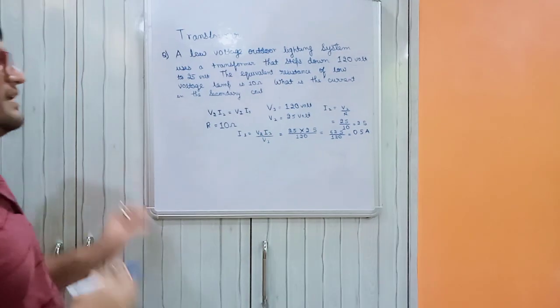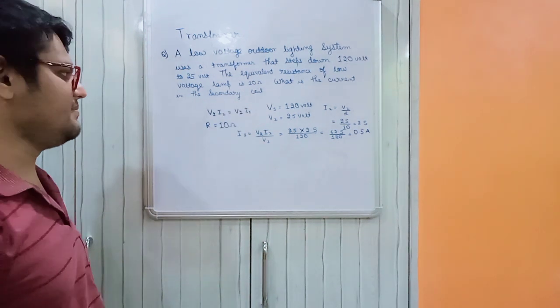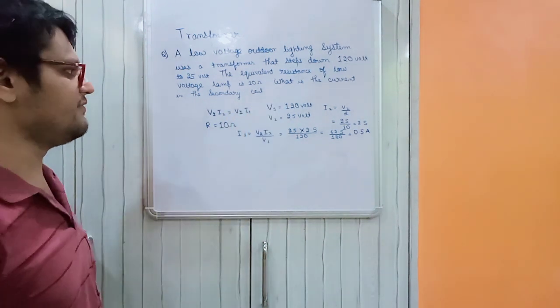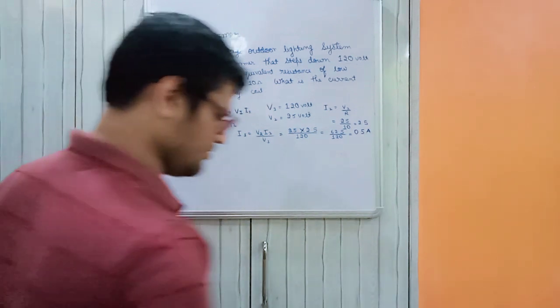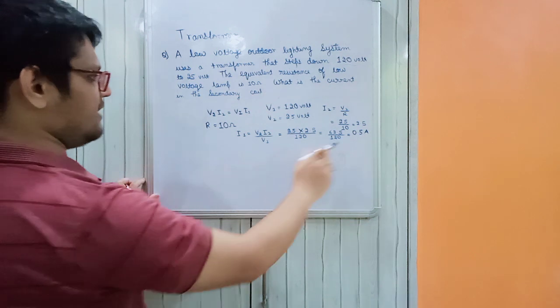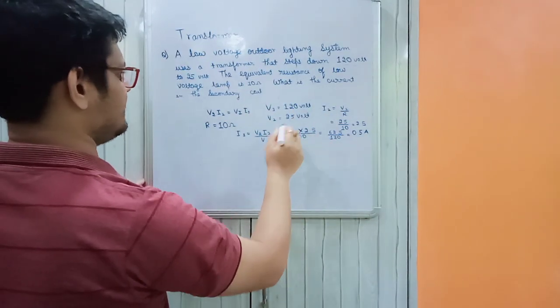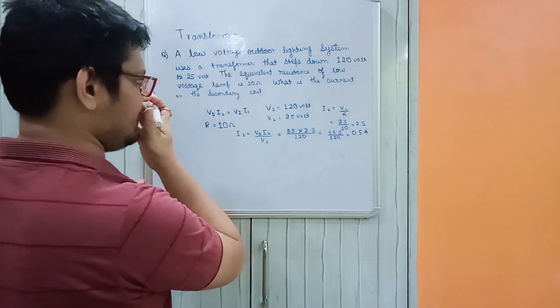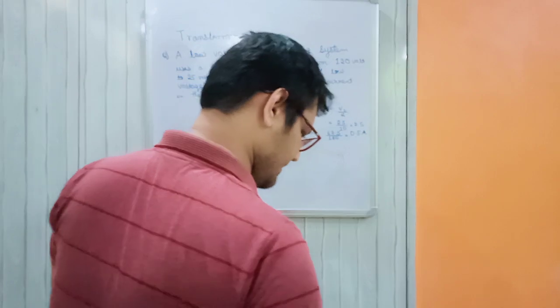These are very easy numericals, and they are also important for semester as well as competition exams. So we have got the current in the secondary coil, that is 2.5 ampere.